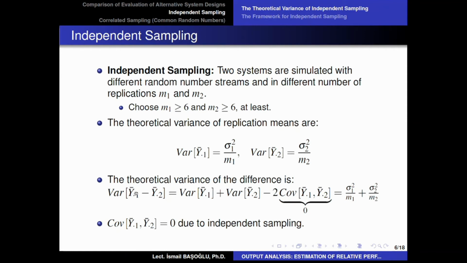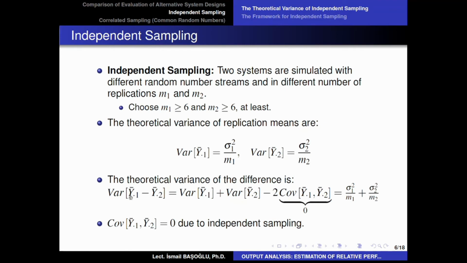Now, in the end, I am going to check the difference between the performance metric in the first system and in the second system. In order to draw a confidence interval for that difference, I am going to check the variance of the performance statistic obtained from the first system minus the performance obtained in the second system.